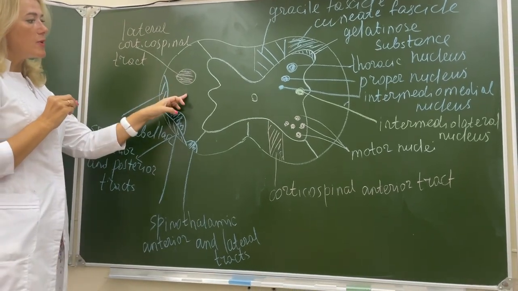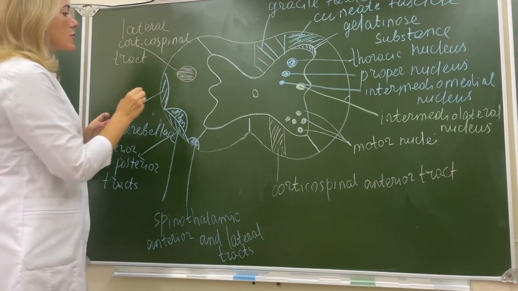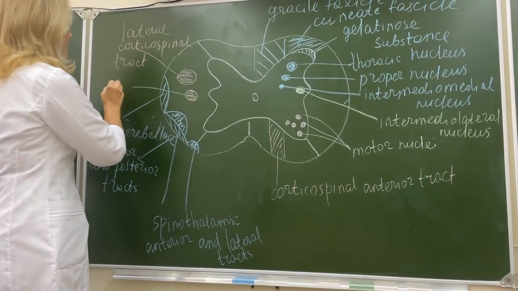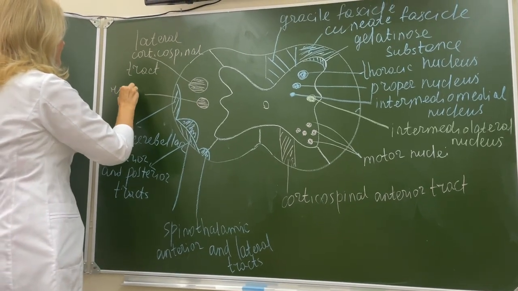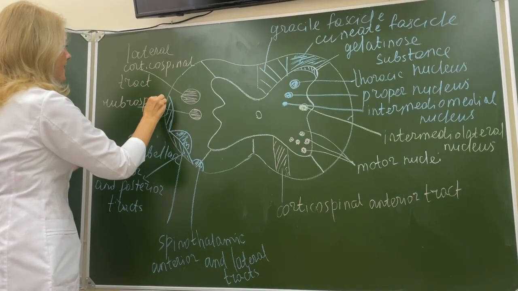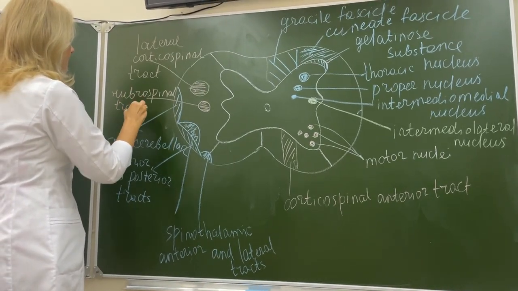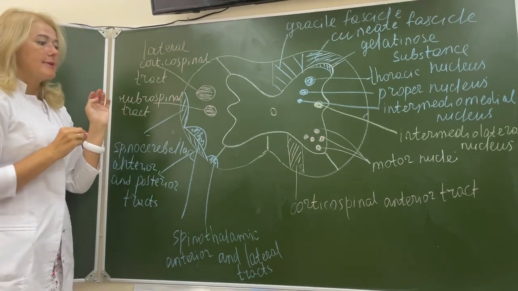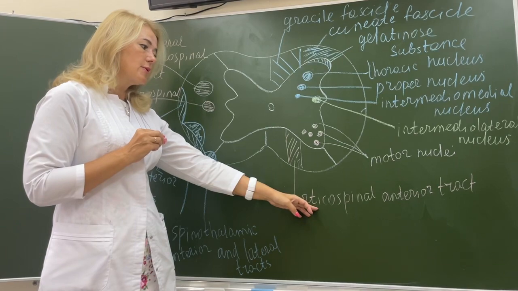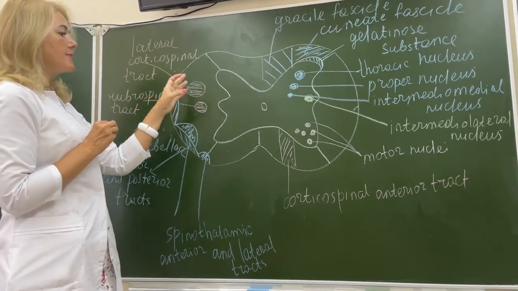A little bit below we have the tract called the rubrospinal tract. Corticospinal, we know this, corticospinal anterior, but this one is corticospinal lateral.